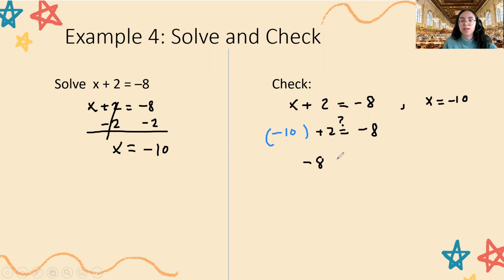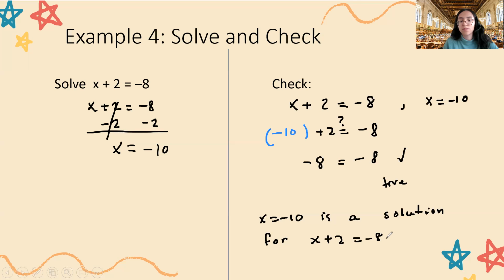This is going to give me -8. And is -8 equal to -8? Yes, it is. So this is true. So x is equal to -10 is a solution for x plus 2 is equal to -8. So you can actually write that: x is equal to -10 is a solution for x plus 2 is equal to -8. Okay.